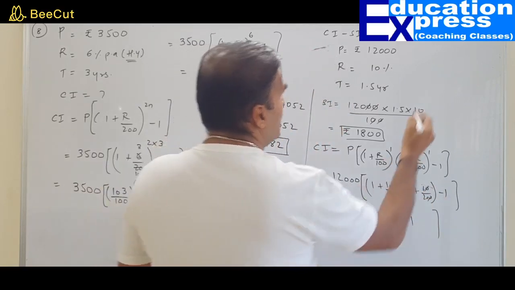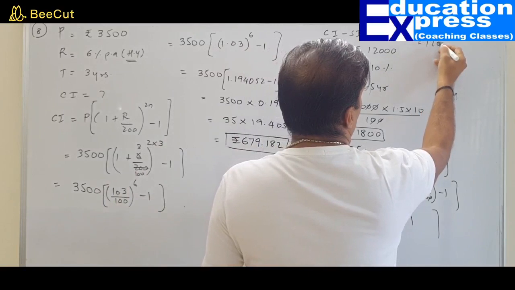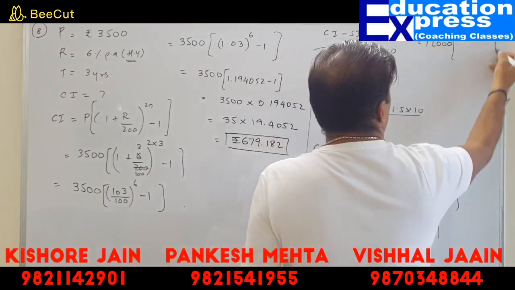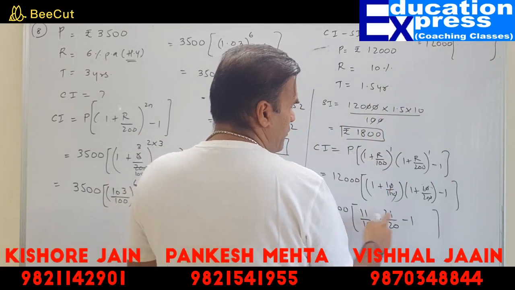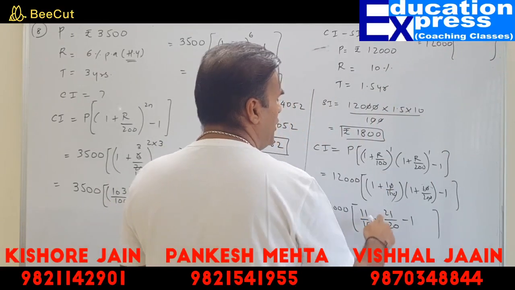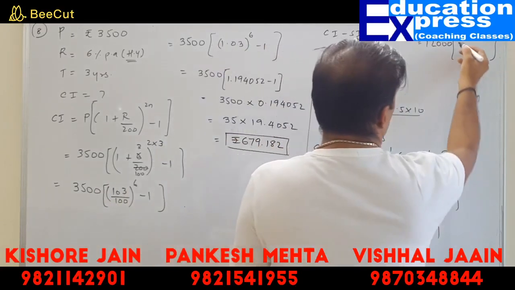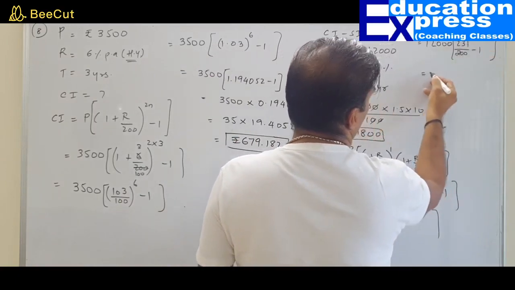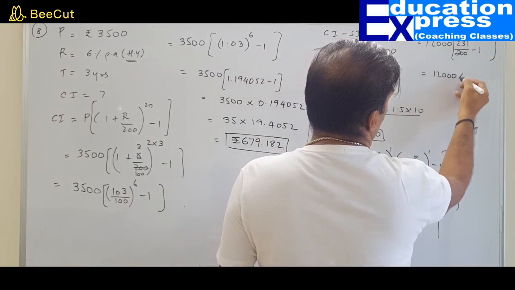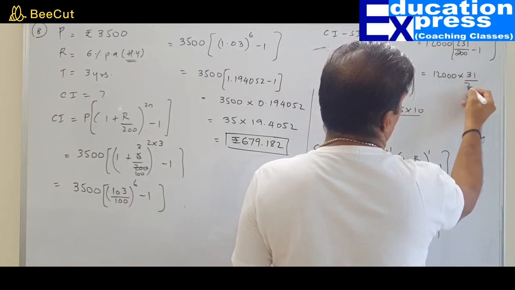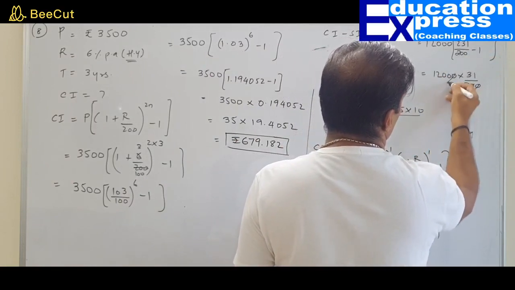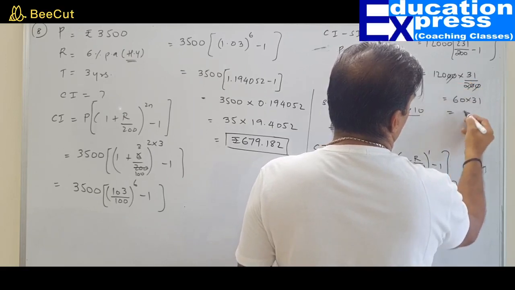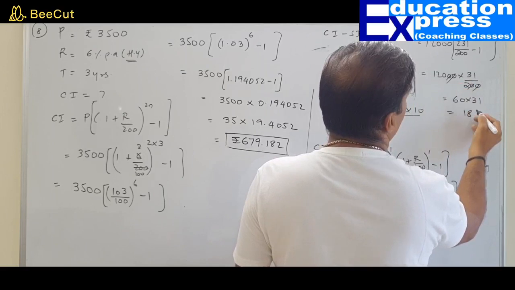What do you do, sir? 12,000 multiplied by, if you multiply this, what do you get? 231 upon 200 minus 1. 12,000 multiplied by 31 upon 200. 60 into 31. That would be 1860.